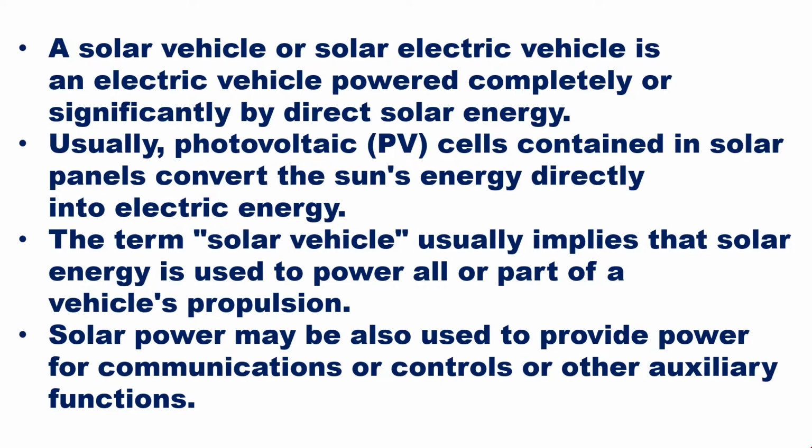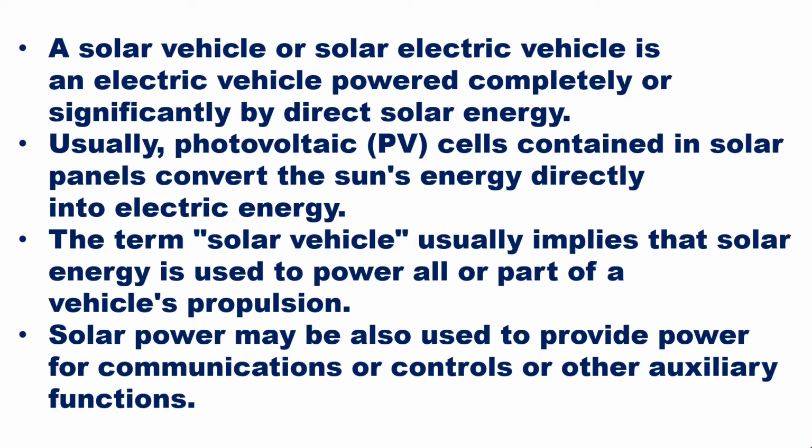into electrical energy. The term solar vehicle usually implies that solar energy is used to power all or a part of the vehicle's propulsion. In vehicle working, you can use solar energy for the complete vehicle working or a part of it, depending on the storage of your electrical battery and the power you require to work.